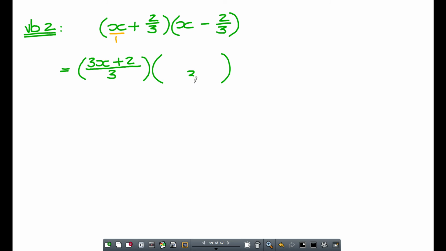Okay, let's do the same with the second bracket. Again, I'm going to make my denominator 3, because over here, was my noemer mos eintlik 1. Okay, wat beteken hy gaan raak 3x minus 2. Is julle fine daar? Okay, and now, can you see that denominator is 3 at both of those?